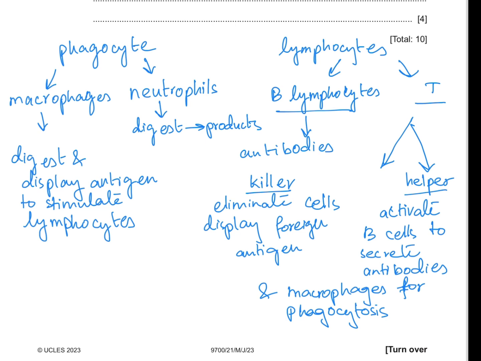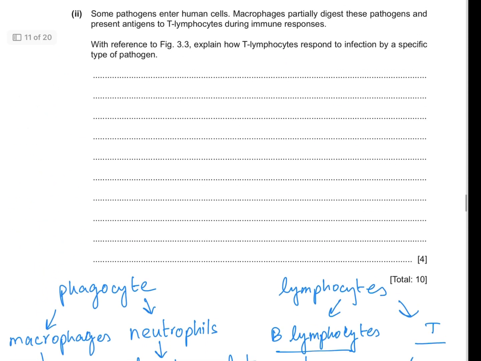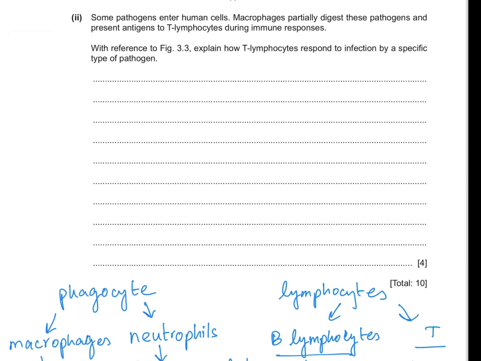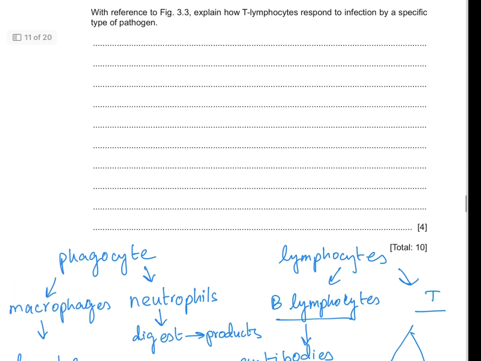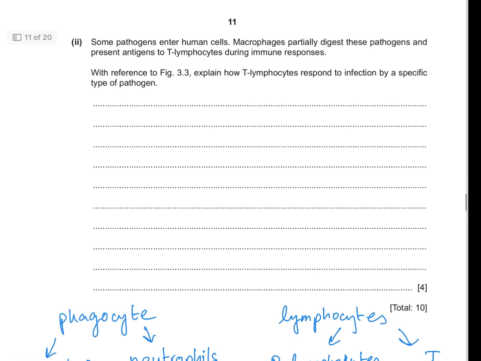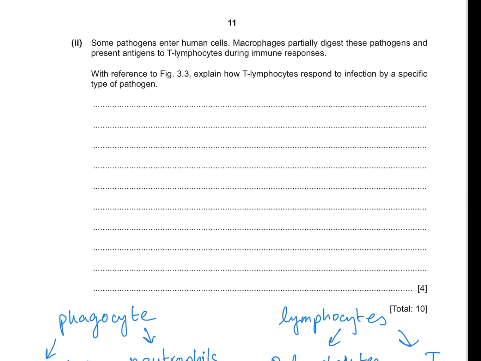So helper T cells will secrete cytokines, which will stimulate B lymphocytes and killer T lymphocytes to bind to infected cells and destroy them. Here you are only supposed to explain the role of T lymphocytes, starting right after they formed in the bone marrow.